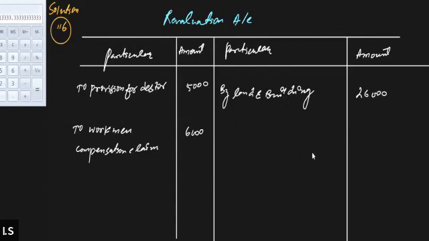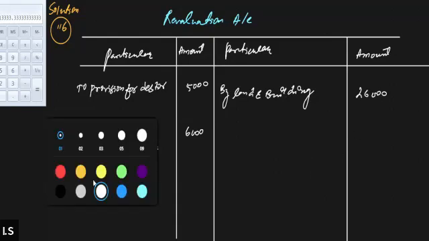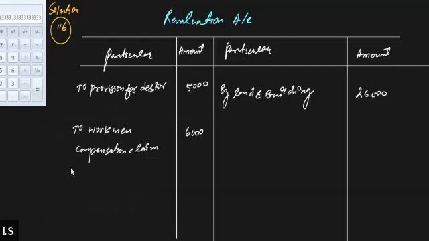Right. So 5 plus 6 is 11, 11 minus 26. Tell me, 11 minus 26 is how much? 15,000.